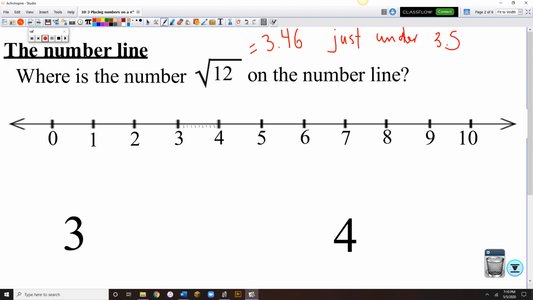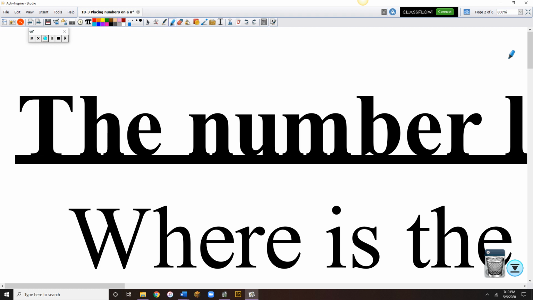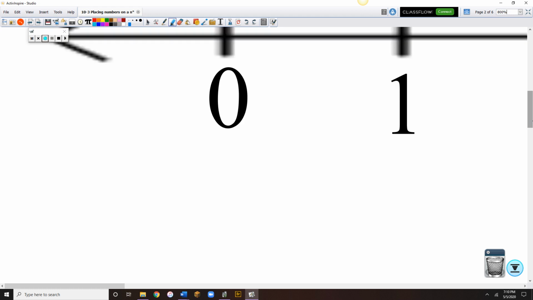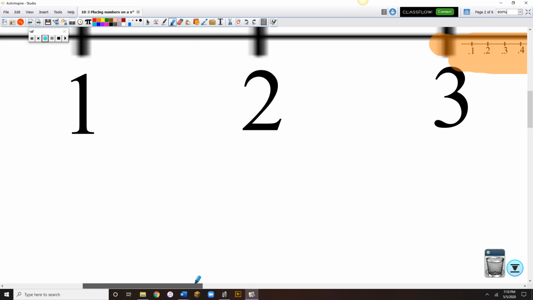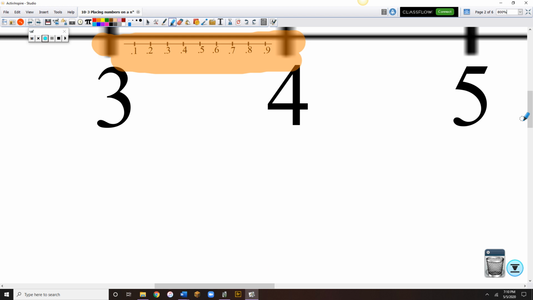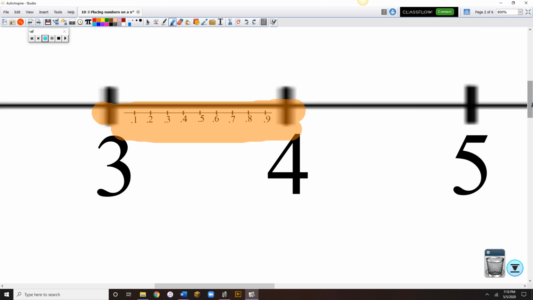Okay, so let's look at the part of the number line that's right here, and I'm going to blow it up big. This is the part of the number line that we usually have to imagine in our heads.